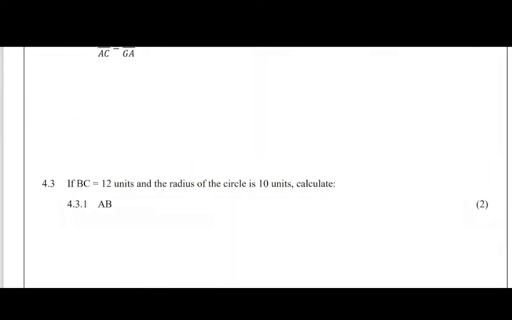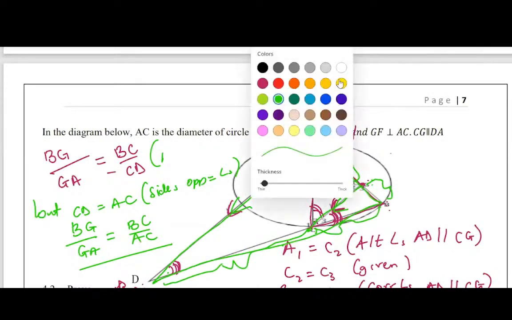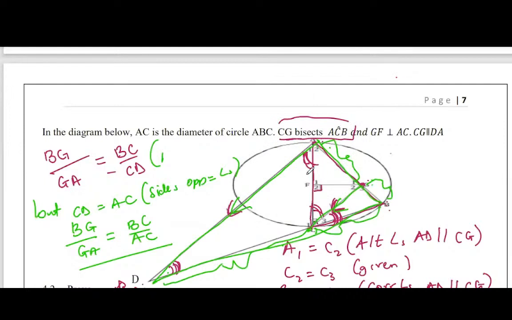Okay, then 4.3. If BC is 12 units, so from here up to here is 12 units.